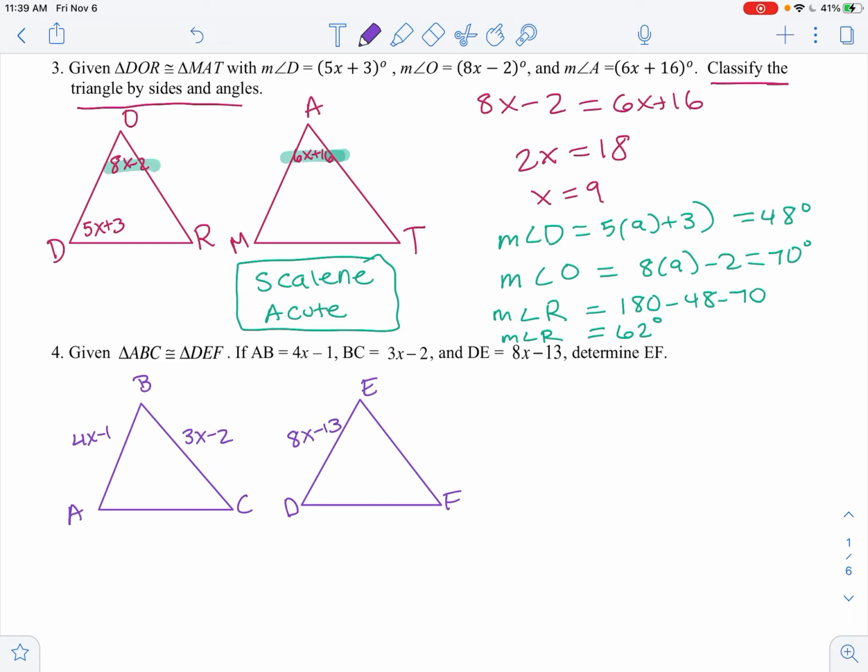So when I take a look at this, I see that I have two sides that are corresponding to each other, and we know corresponding parts of congruent triangles are going to be congruent. So these two corresponding parts must be equal to each other. So I can set up that equation and solve. So that gives me 12 equals 4x. So x must equal 3.